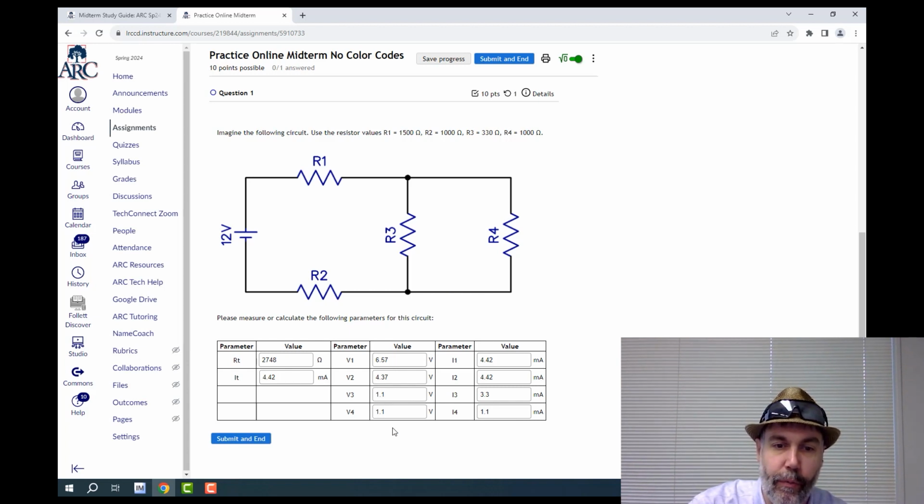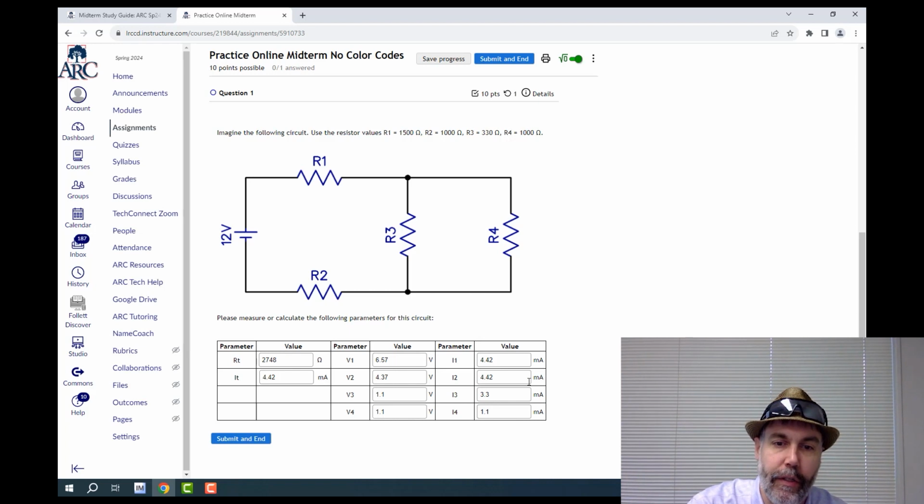They're both about 1.1 volts. We hope that the current through R3 and the current through R4 together add up to the total current, because the total current should be flowing in. So we have 3.3 and 1.1, that adds up to about 4.4, and the total current is 4.42.